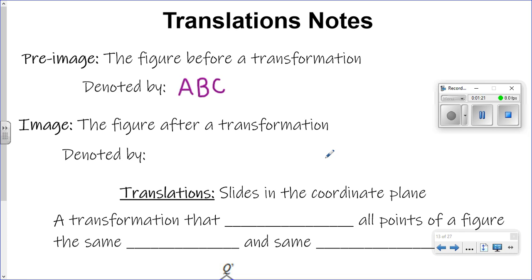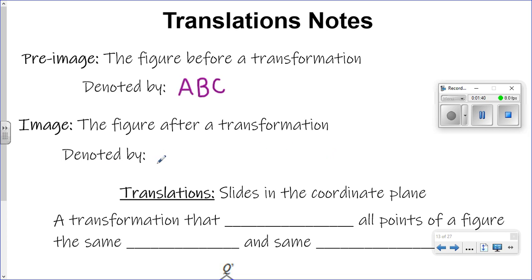And then we have what is called the image. And the image is what you get after you do a transformation. Now, this will work for all four transformations that we'll talk about. So you start off with the pre-image, what happens before, and then the image is what happens after a particular transformation.